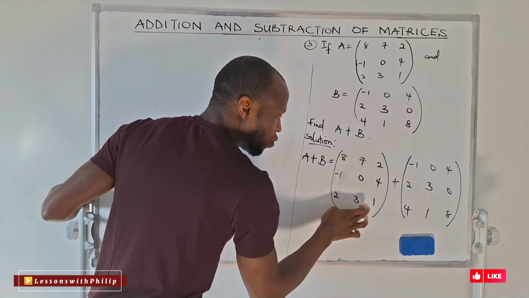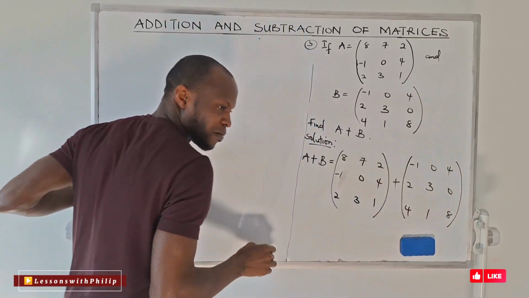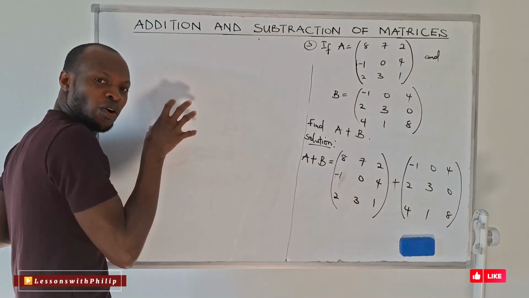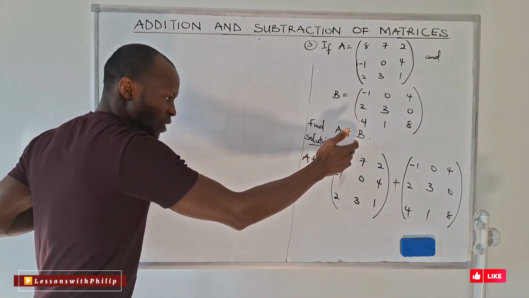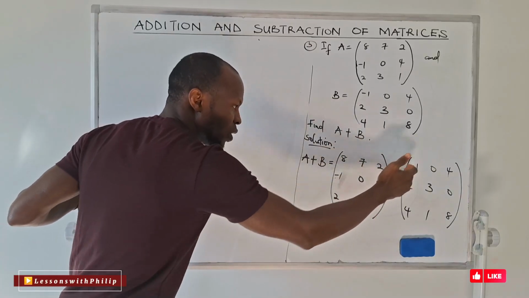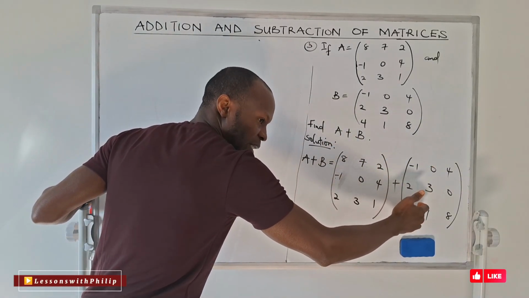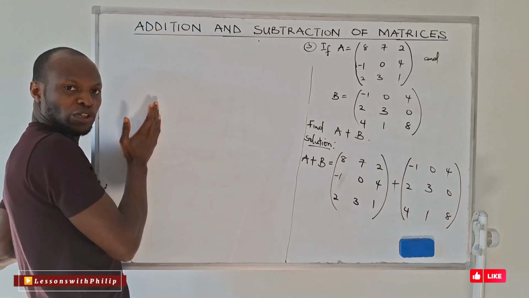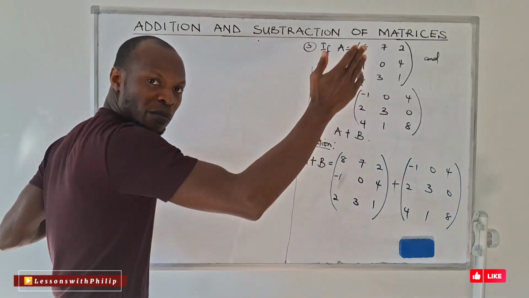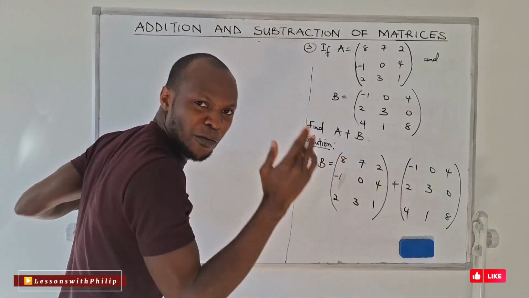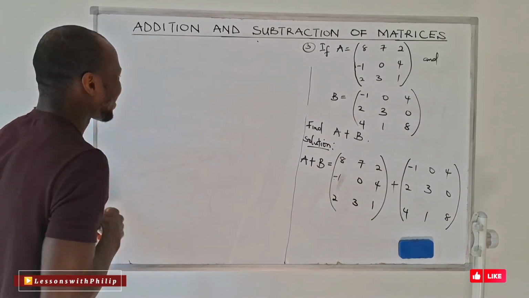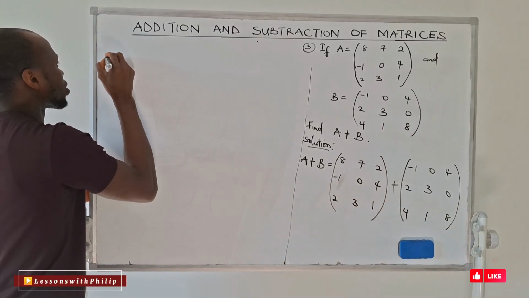If you add the third row with the third row, you get the third row of the new matrix. If you go by the column, adding the first column with the first column in the second matrix will form the first column. Adding columns will form columns. Adding rows will form rows. Perfect.